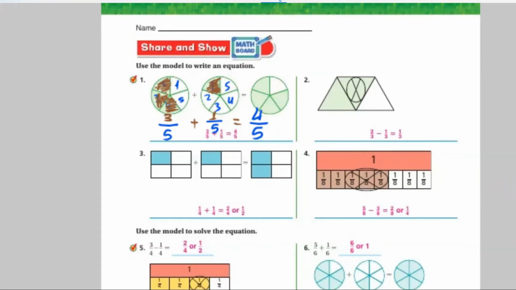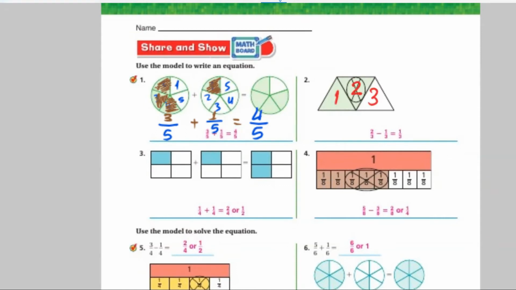Okay. The next one, number 2. Firstly, we're going to write the fraction of the shaded boards. How many parts in total? The first thing you have to do is count the parts in total. 1, 2, 3.